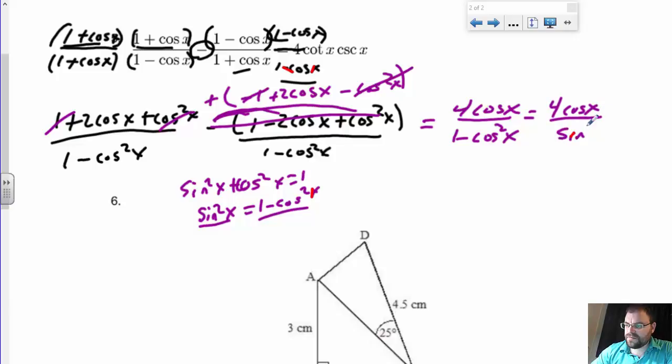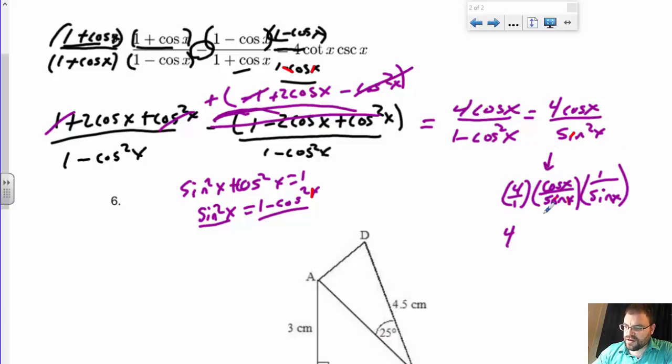This, of course, is going to be the same thing as 4 over 1 times cosine over sine times 1 over sine. So if I say 4 times cosine times 1, that's 4 cosine. If I say 1 times sine, that's sine squared. Understand these are the same thing. 4 over 1 is 4. Cosine over sine is cotangent. And 1 over sine is cosecant.